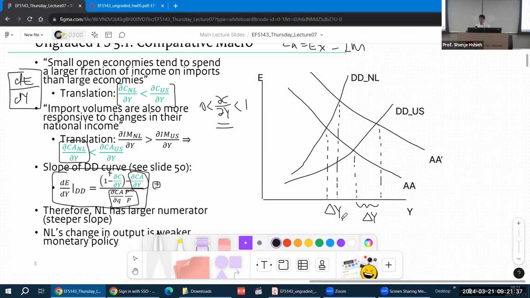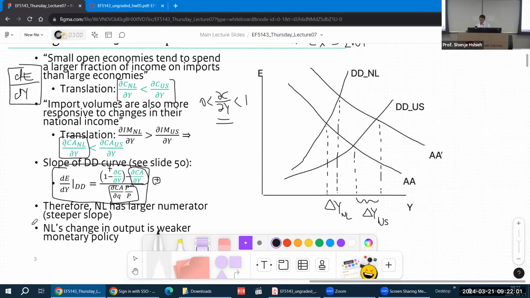So the conclusion here is that for smaller economies, monetary policy is probably not as effective as you would get from large economies, in which there is probably a home bias in favor of goods and services produced locally as opposed to buying goods and services abroad. So conclusion: the Netherlands' change in output is weaker, and therefore monetary policy is less effective. All else equal, of course.